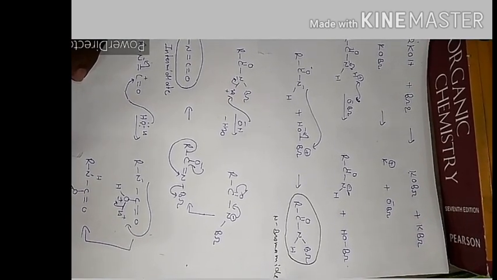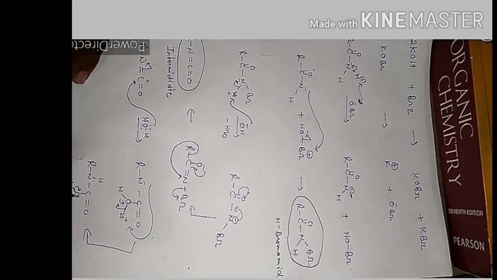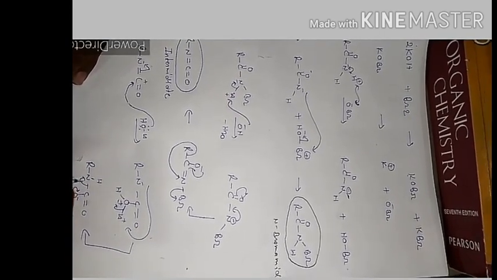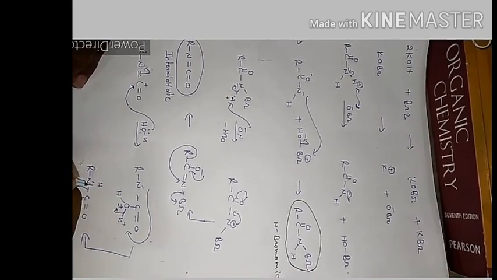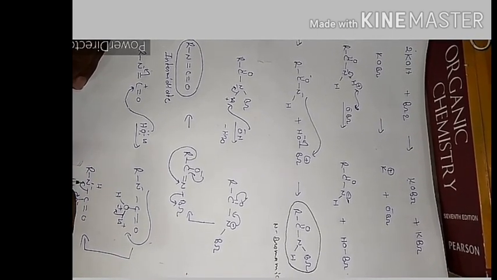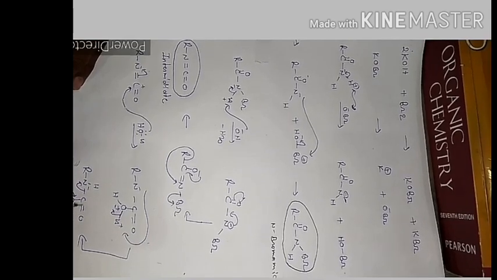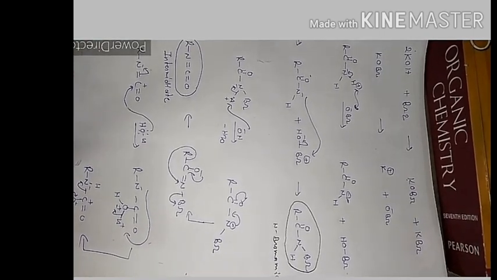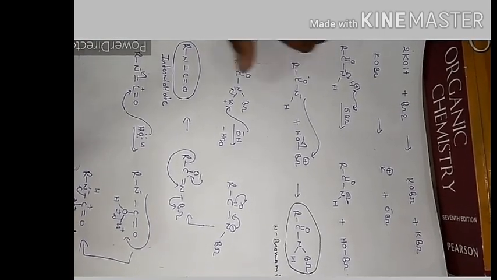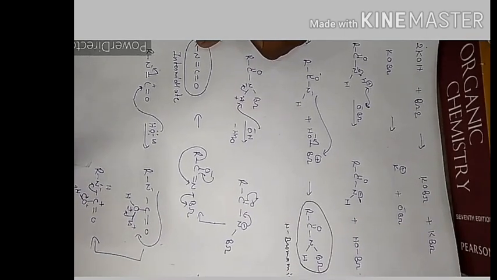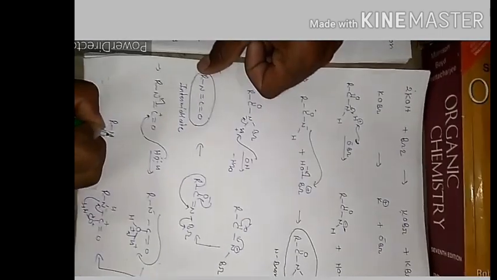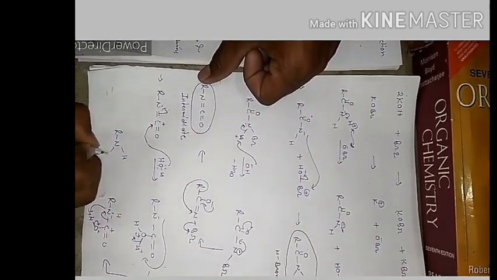Now this bond breaks towards oxygen, here negative, and this bond is towards oxygen, nitrogen, and here the positive charge, here positive and negative form a bond and release CO2, and this proton is abstracted by this nitrogen, and this forms our final product.